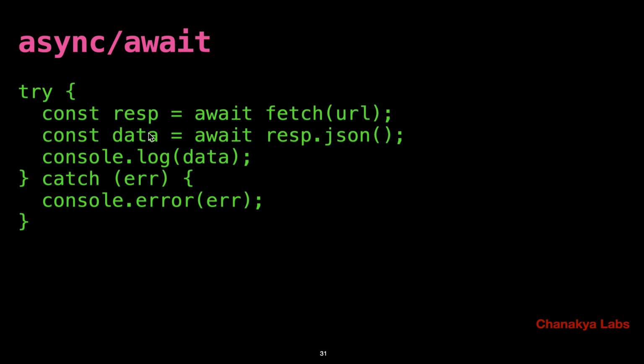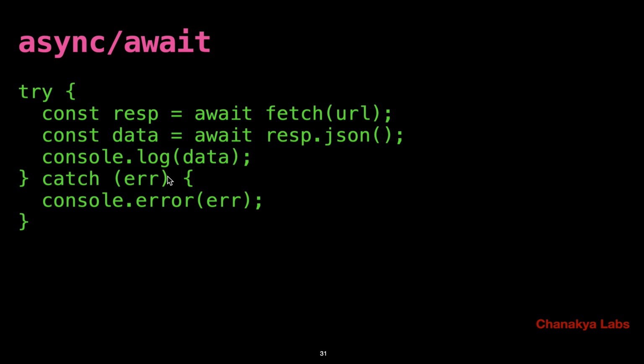The final thing we are going to discuss in async await is the try catch block. Try catch was for synchronous code, right? For promises we had dot catch and dot finally. So actually, with async await we use normal try catch, and we can also use finally.